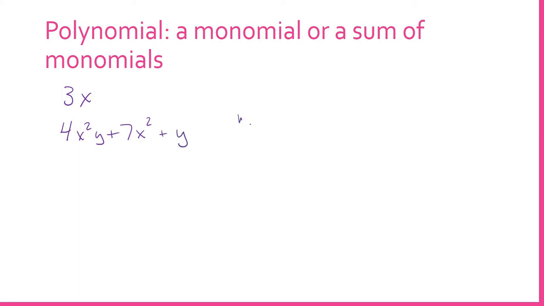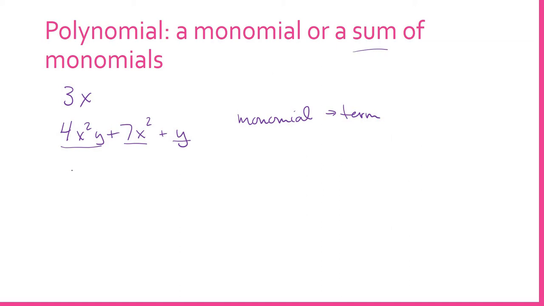monomials. Another word for monomial is term. So I have 3 terms. Each term is a monomial, and therefore this is a polynomial because it's the sum of 3 monomials.